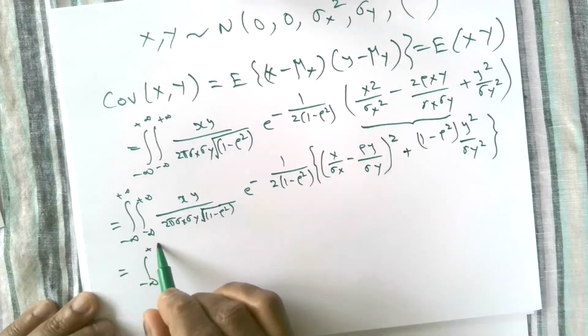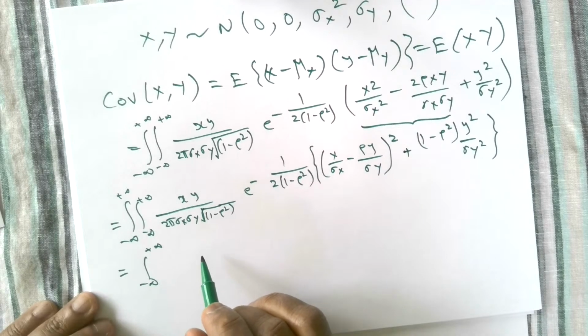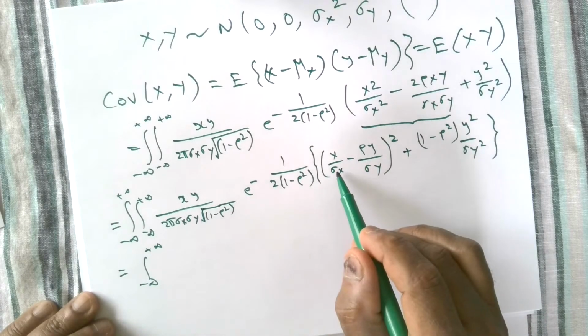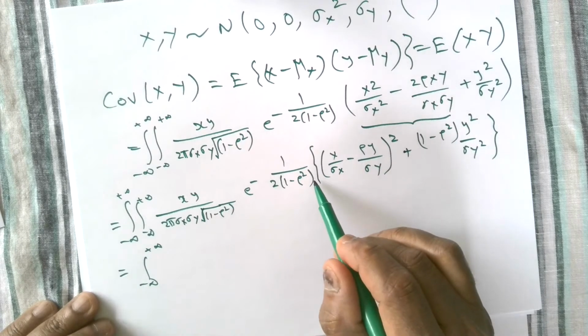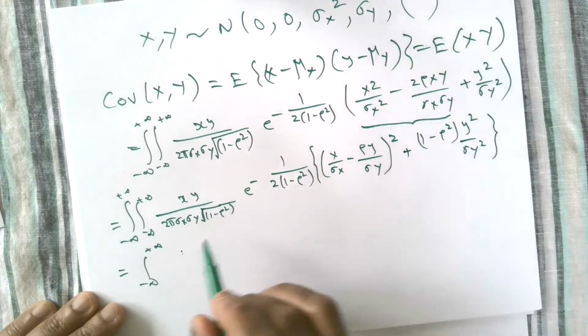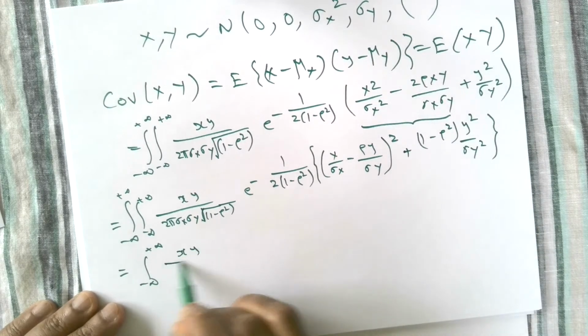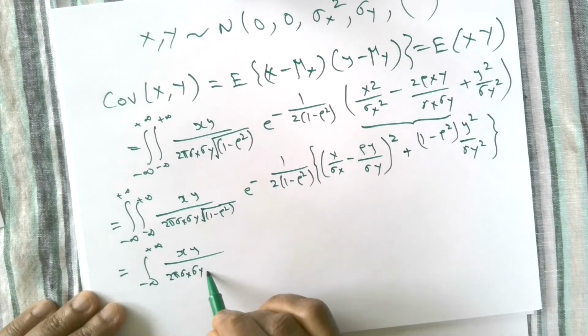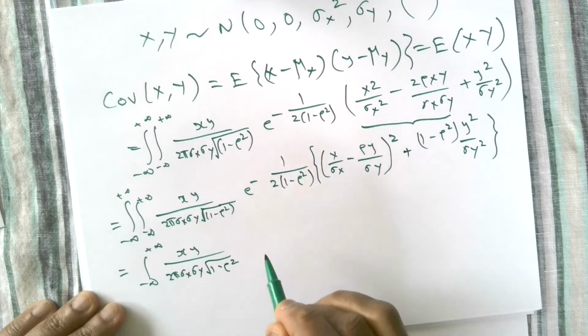So I can write this whole thing now as the integral from minus infinity to plus infinity. And I see that I'm going to write it by pulling the sigma x outside. So this would be xy over 2 pi sigma x sigma y square root of 1 minus rho squared.